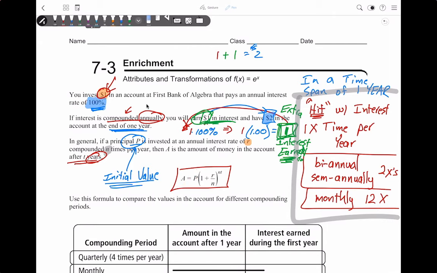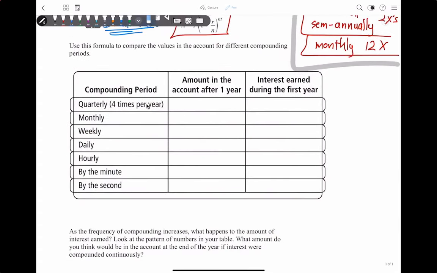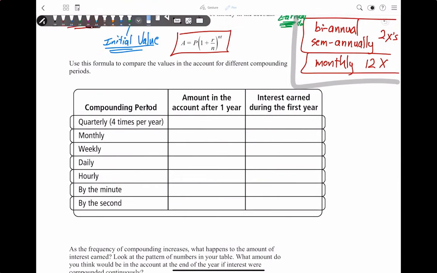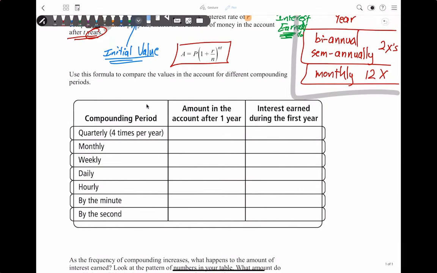All right, so let's go ahead and move on. It says use this formula to compare the values in the account for different compounding periods. Guys, this unit is heavy on calculator usage, so I'm going to rely on that a lot in this problem. We just have to understand the number of times, and this is the n value.